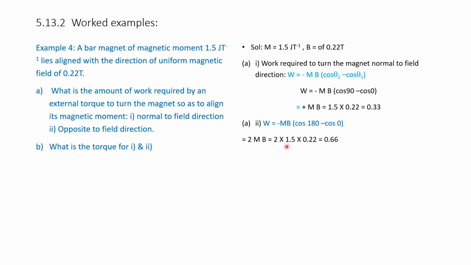Cos 0 is 1 and cos 180 is -1, so -1 minus 1 is -2. So -(-2)mB, which is 2 × 1.5 × 0.22, and calculating, the value is 0.66 joules.